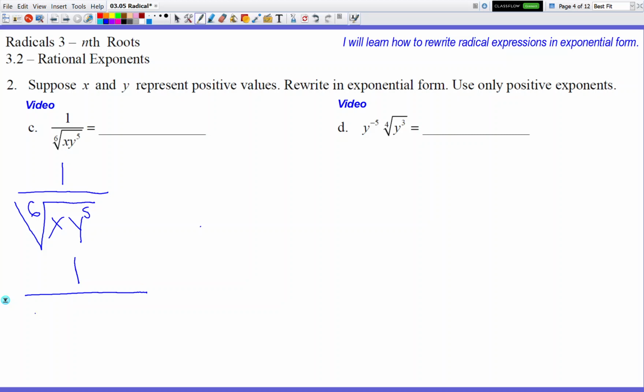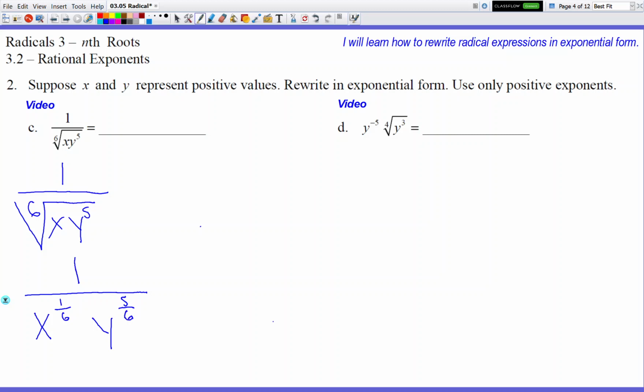We have a single x stuck in a sixth root radical, so I have 1 on the top because I have a single x, and a 6 on the bottom because it's inside a sixth root radical. Then I got 5 y's, so I put the 5 on the top of the fraction, and it's stuck inside a sixth root radical. So 5/6 is its fraction.